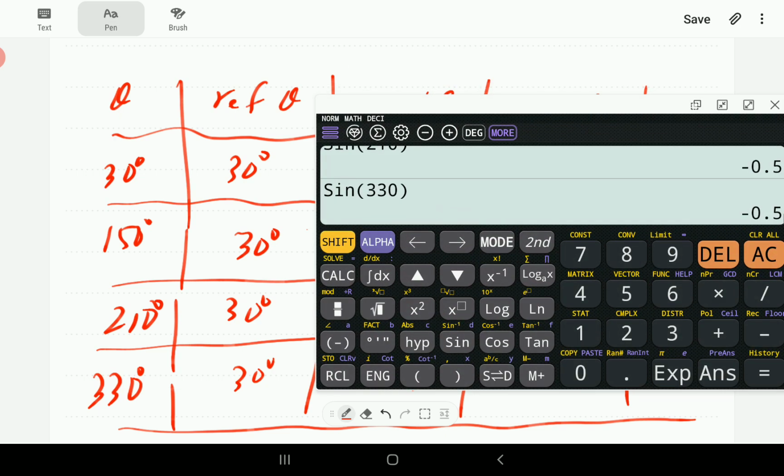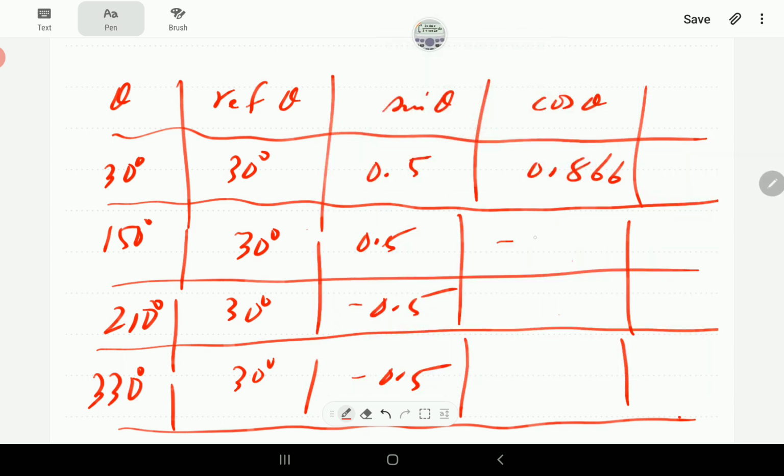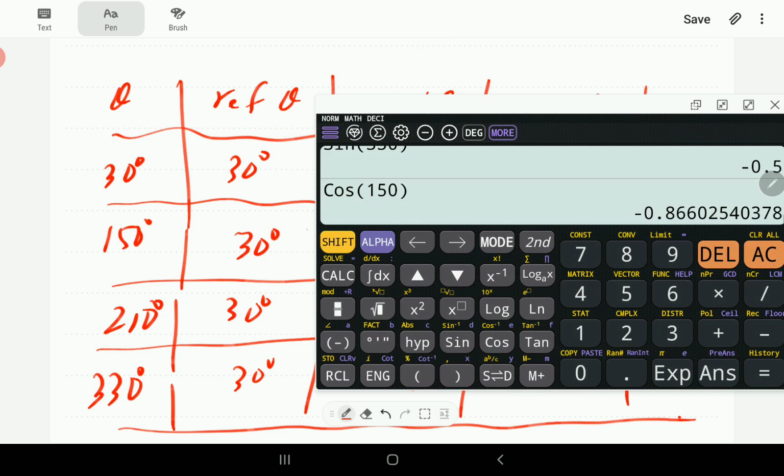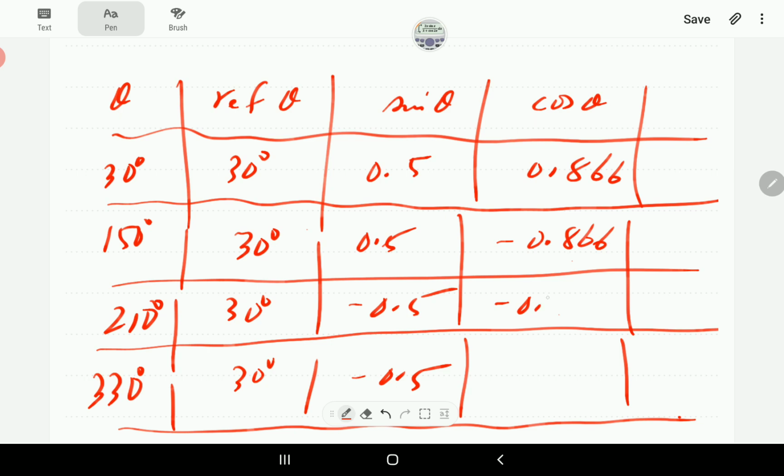Now let's do the cosines. Cosine 150 is the negative of 0.866. Cosine 210 is also negative 0.866.